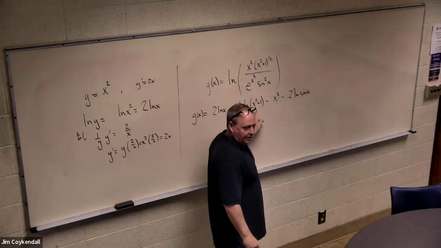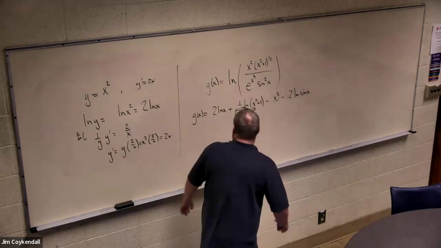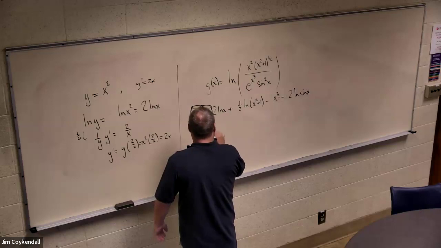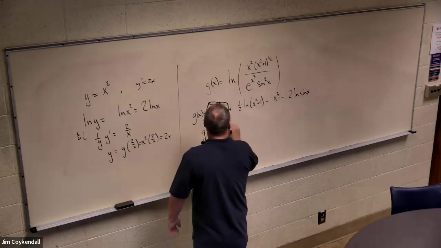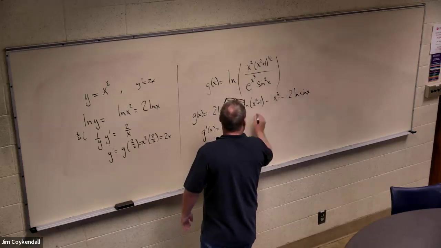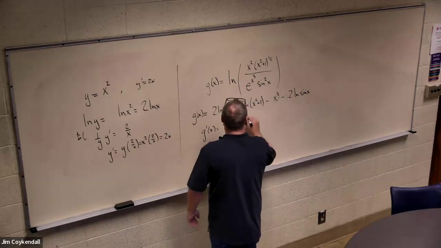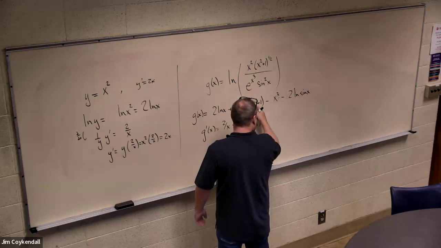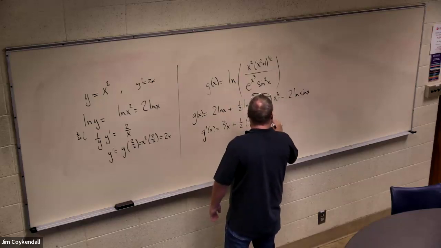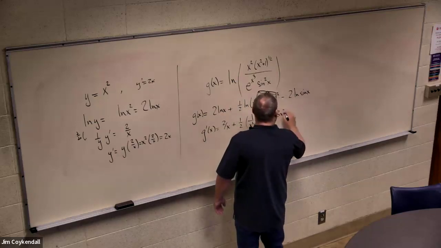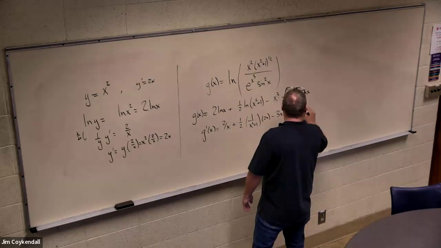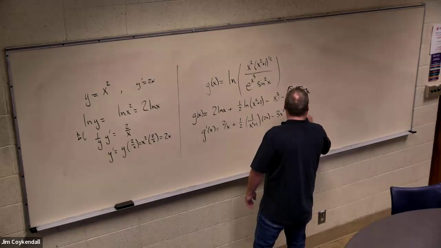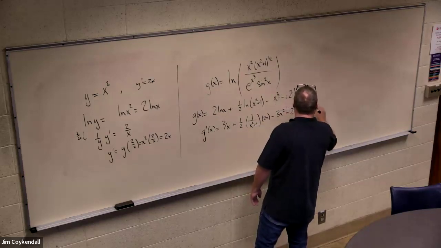Here's another way. This is much easier to take the derivative of. This is 2 over x plus 1 half times 1 over x squared plus 1 times the derivative of what's inside, minus 3x squared, minus 2 times 1 over sine x times the derivative of sine x, which is cosine x.